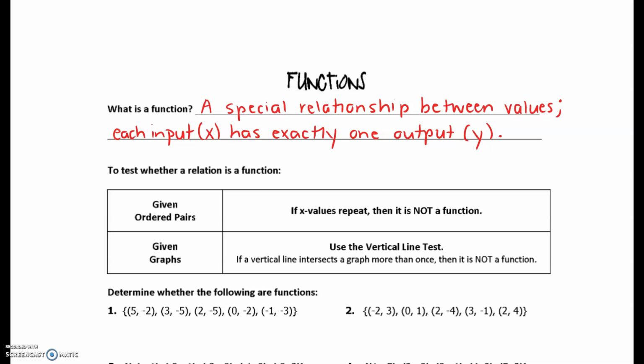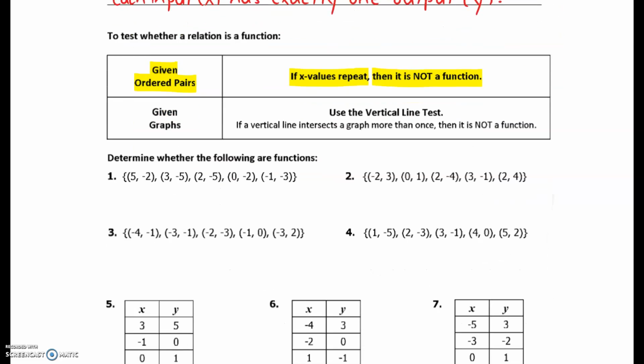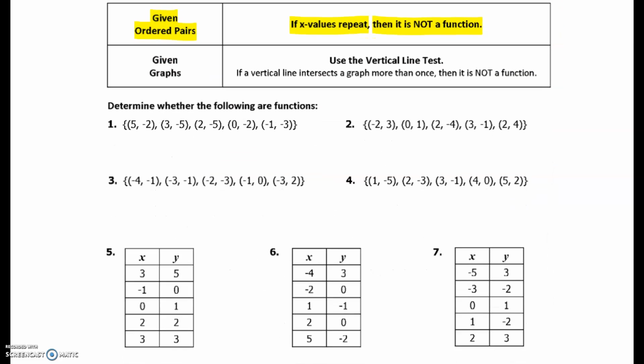Number one, if we are given a set of ordered pairs, we want to look if x values repeat. If the x values repeat, then it is not a function. So, if we look at our list here, we want to determine whether or not these following relations are functions.